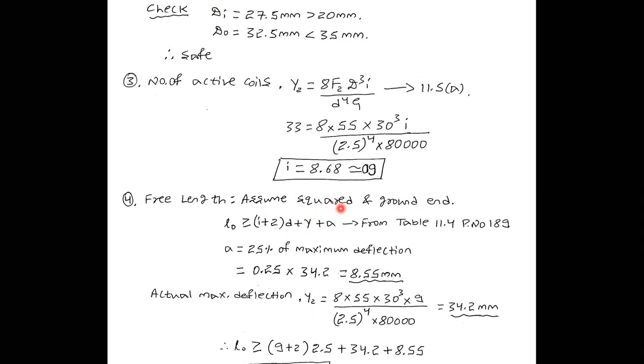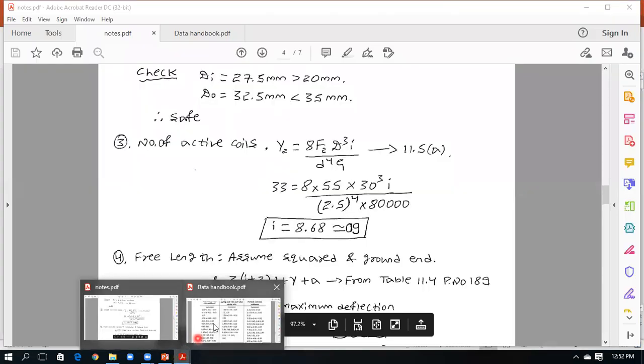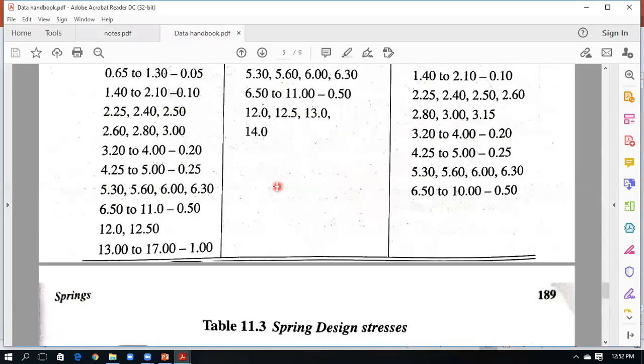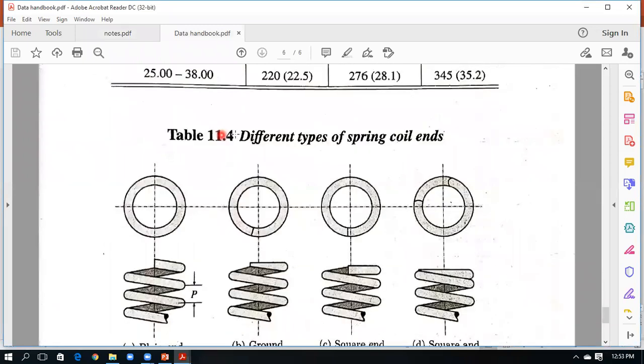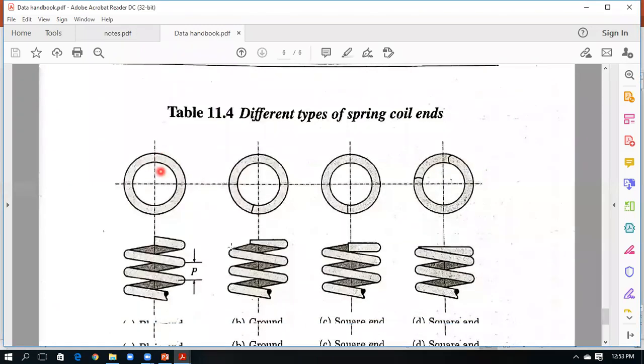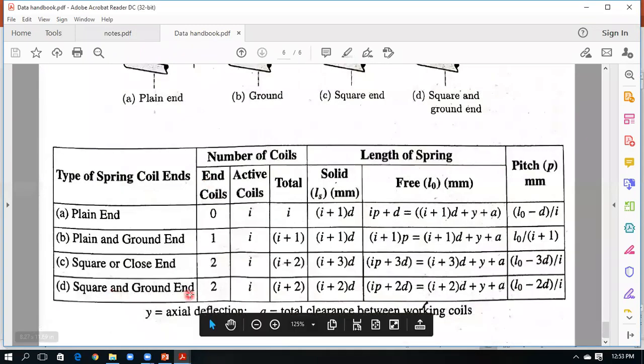As you assume this end condition, from table 11.4 you need to note down the free length formula. Now I'm going to take the data handbook. Yes, this is table 11.4. Here we assume square and ground. Therefore the free length formula is I plus 2d plus y plus a.